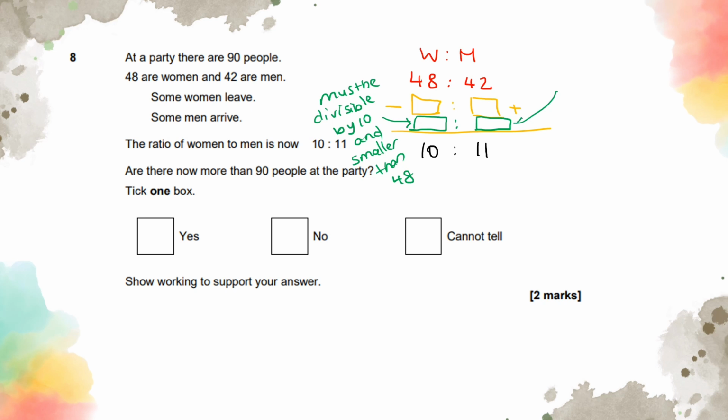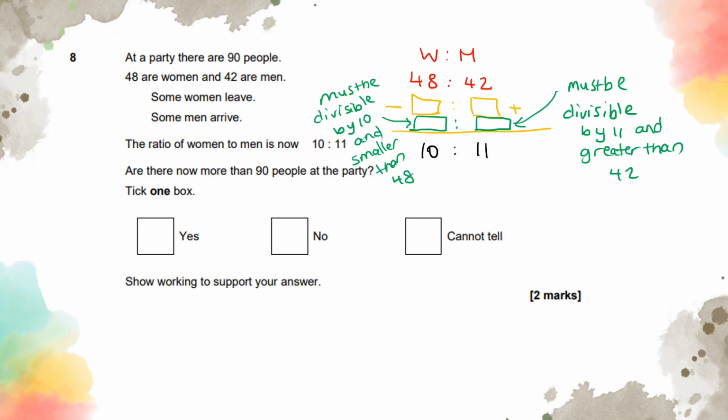And this side must be divisible by 11 for it to be able to simplify down to 11, and greater than 42 because more people were added to this side.